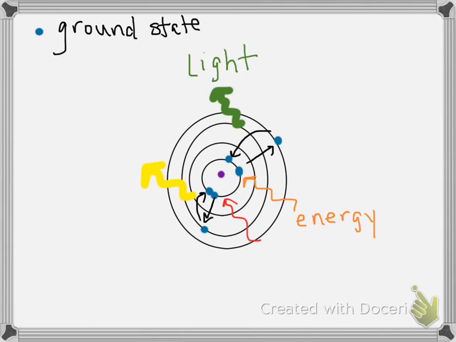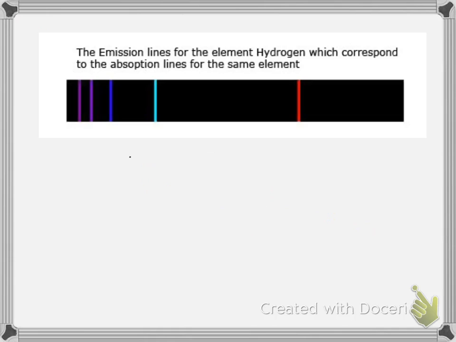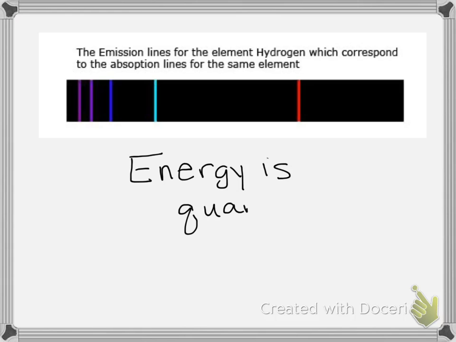So what that means is, if I show you this next thing, every different element produces a certain emission spectrum. And an emission spectrum is what you see in that picture I have there. This is an emission spectrum for hydrogen.